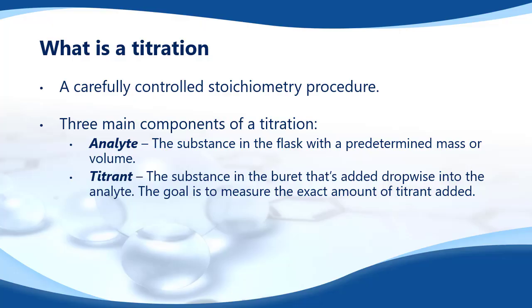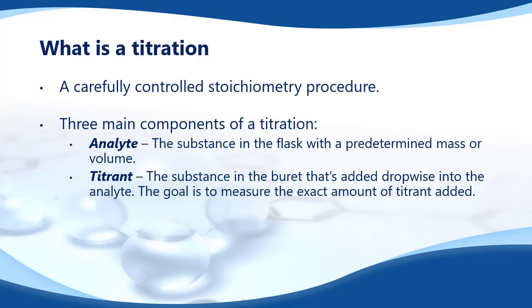So for example, in one of our titrations that we're going to do for acid-base, we're going to use a solid potassium hydrogen phthalate. Because we can find the molar mass of that substance and because we can measure its mass to a very accurate degree, we'll know precisely how many moles there are in our reaction to start off with. The titrant, which usually is the thing in the burette, is what you're going to add to the analyte.